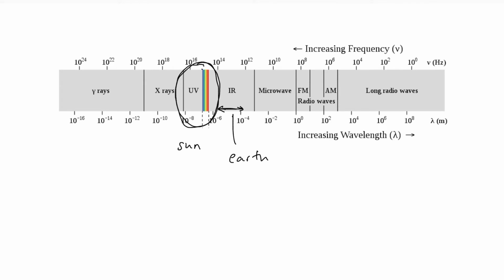Well, it depends entirely on the frequency or the wavelength of this radiation. So, for example, when molecules absorb very low frequency radiation, so radio waves for example, it causes our molecules to move around more.